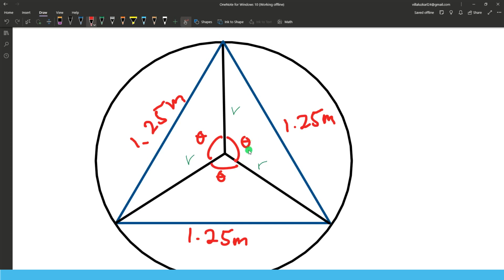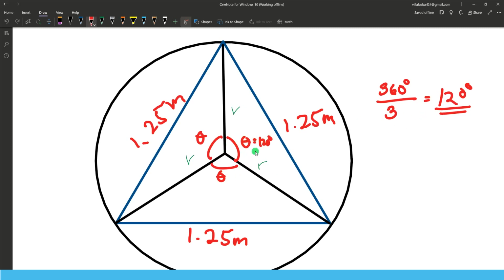Therefore, we can use 360 degrees divided by the number of sides, which is 3. 360 degrees over 3 is 120 degrees, because the total of 360 degrees divided into 3 equal parts gives 120 degrees.